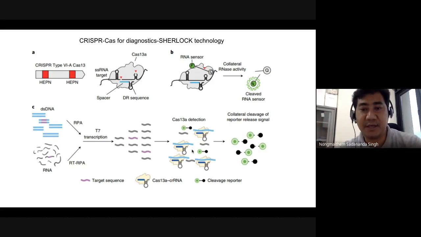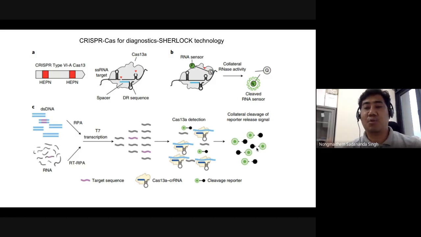So what will happen if you put in this kind of a sensor molecule? If there is a COVID-19 RNA, it is going to find the target, activate the cleaving activity, and cleave the sensor RNA. So now, as we talked about, it will give out fluorescence. So it can detect the presence of the target sequence, that is the coronavirus RNA sequence, in the sample, and gives out fluorescence.